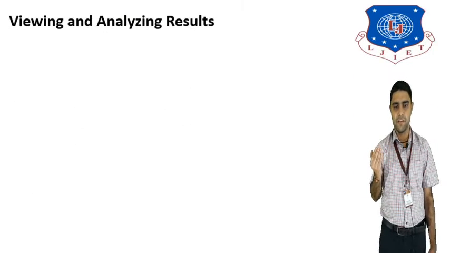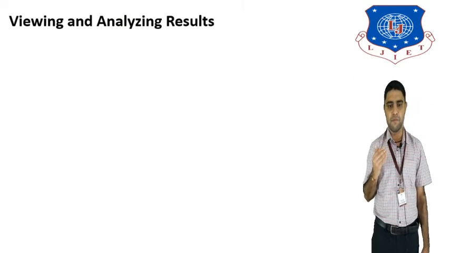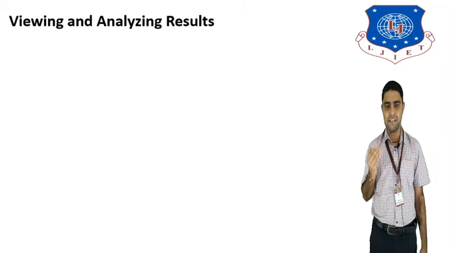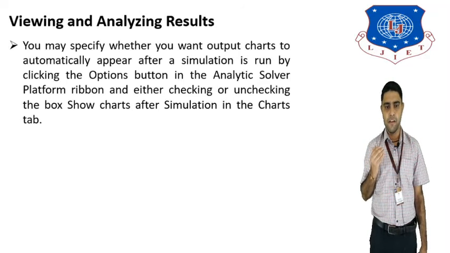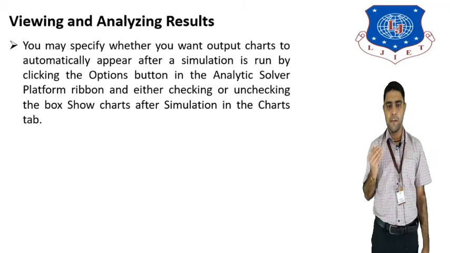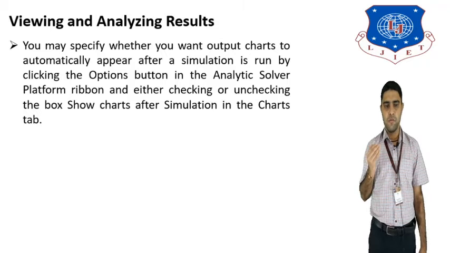Once the simulation is run, now we will analyze what type of result will be there. Viewing and analyzing the result is the last step of Monte Carlo simulation using Analytic Solver. You may specify whether you want output charts to automatically appear.